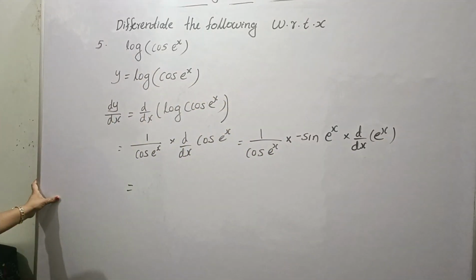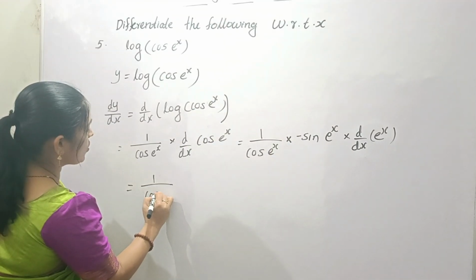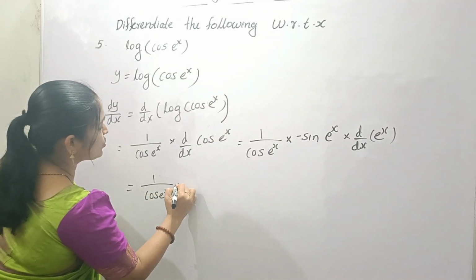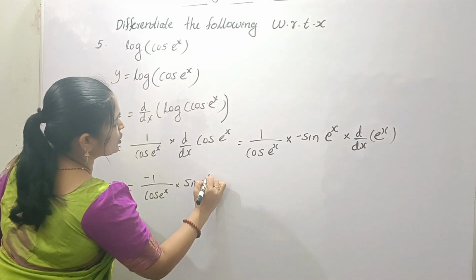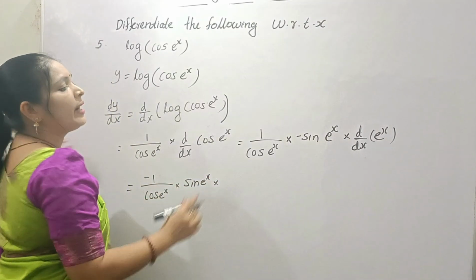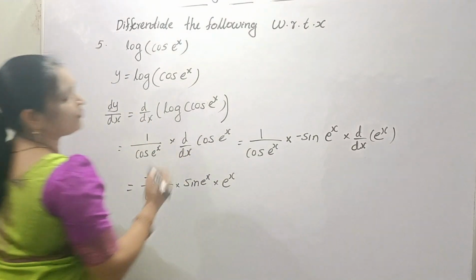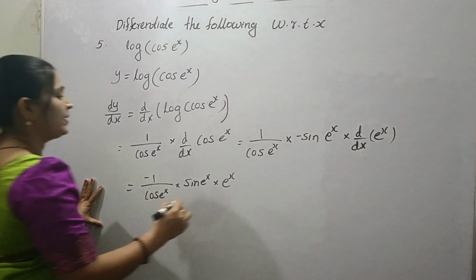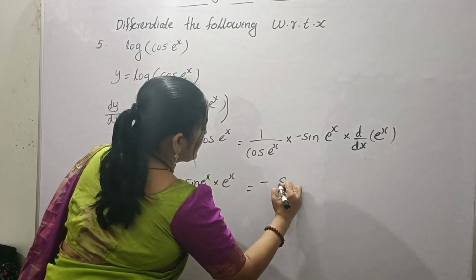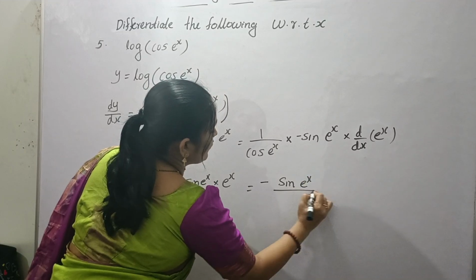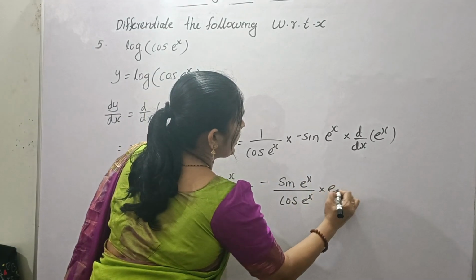That is equal to 1 divided by cos e raised to x into, I will write minus here, sin e raised to x into the derivative of e raised to x, that is e raised to x itself. Then that is equal to minus sin e raised to x divided by cos e raised to x into e raised to x.